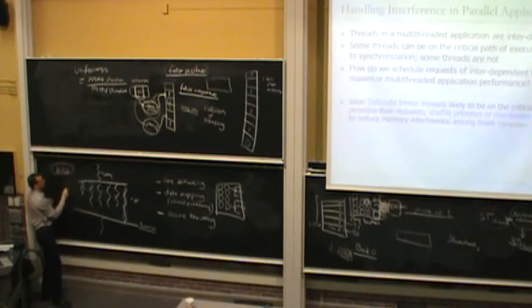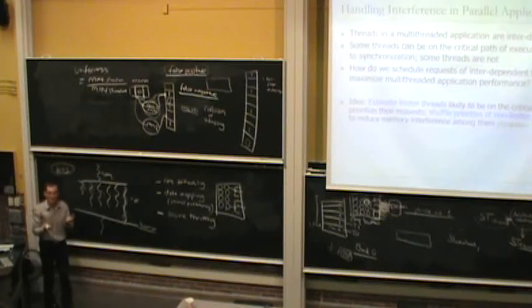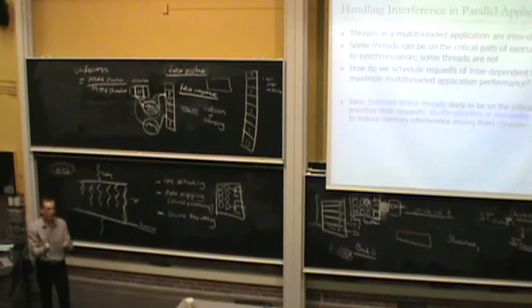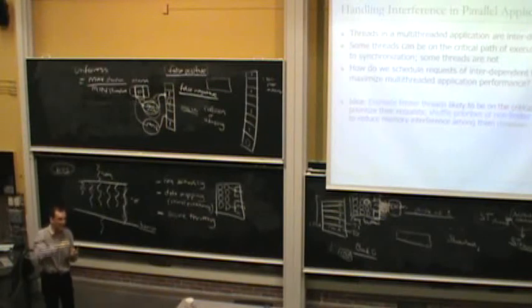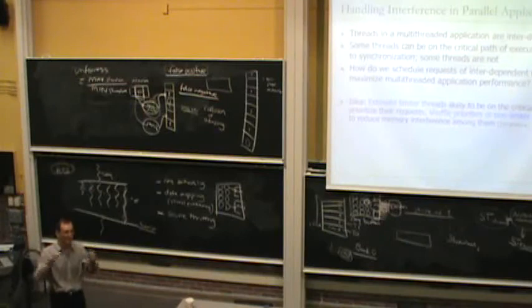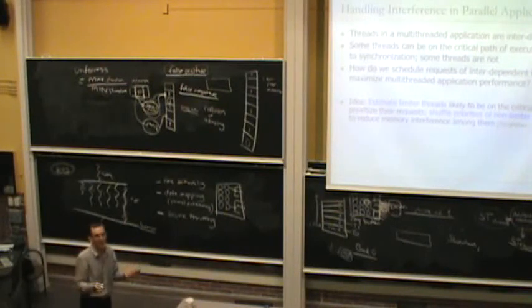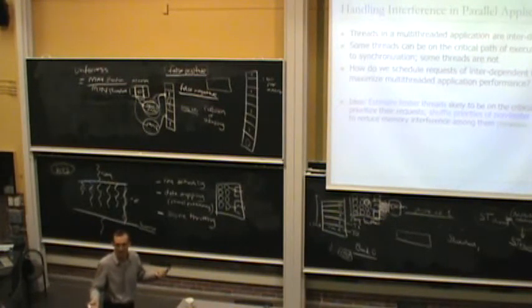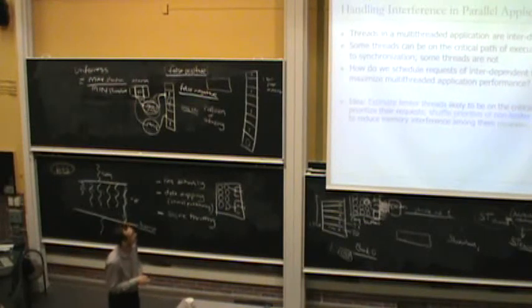With locks, you can keep track of what locks are contended. If a thread is holding a lock that is contended, that other threads are waiting for, you know that you've reduced the parallelism in the program. So you can prioritize the thread that's holding the lock. If the lock is not contended, if nobody's waiting for it, you may not want to prioritize that thread, because there is no serialization problem.